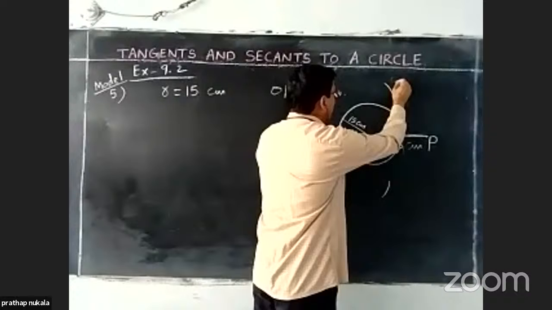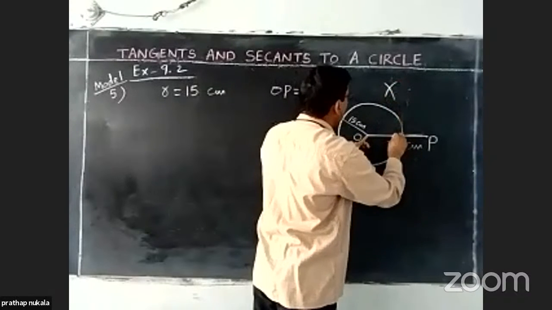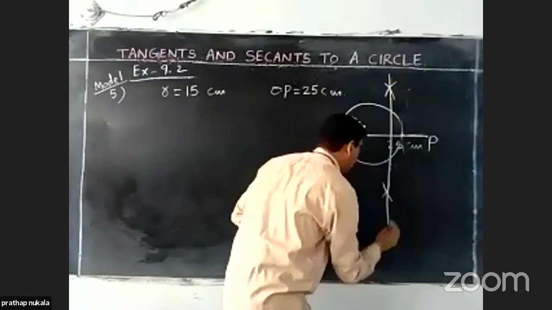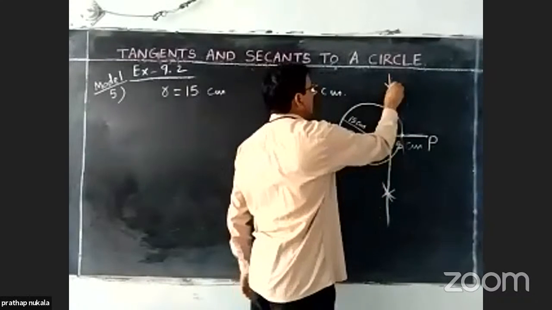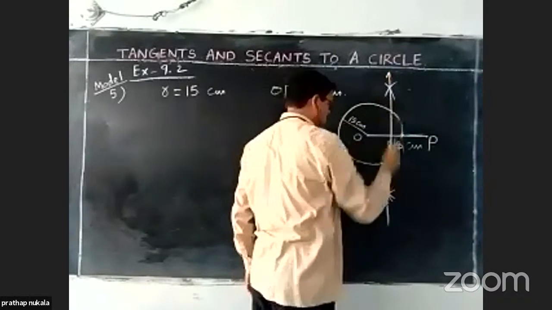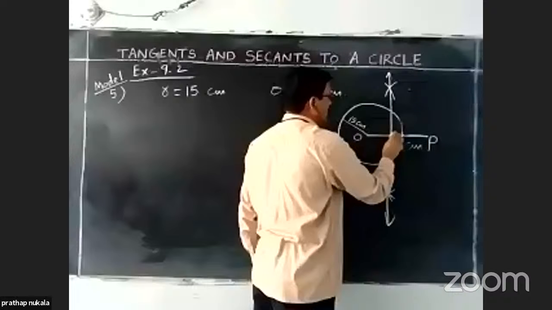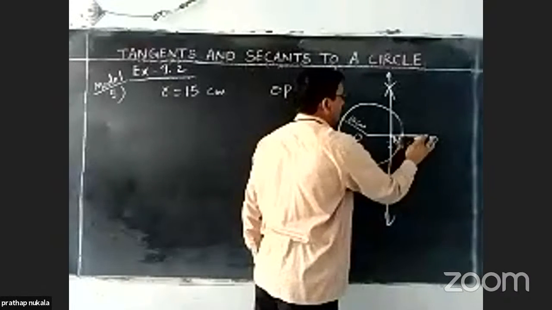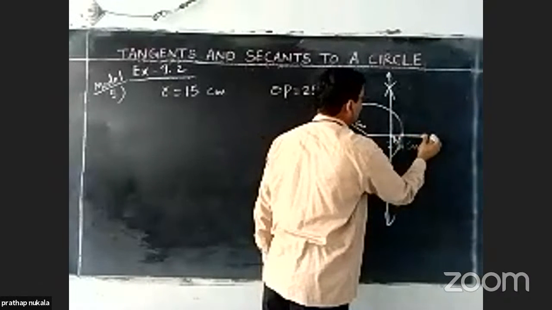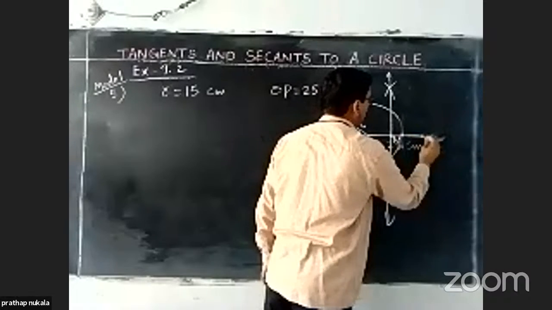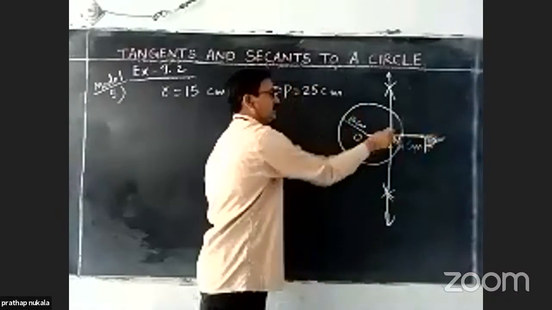Taking more than half of the radius, draw an arc here, and again like this. Draw the perpendicular bisector. Then this point will be the midpoint.